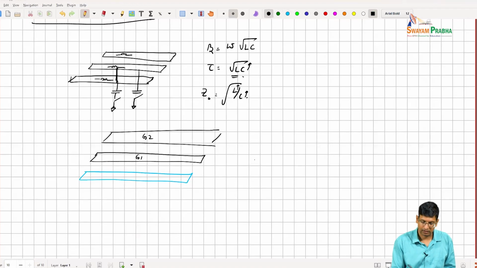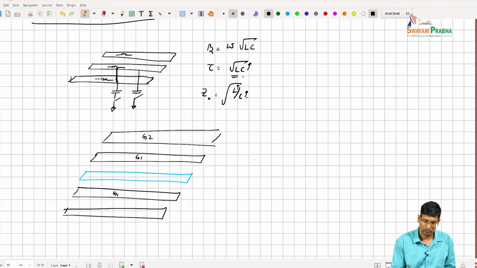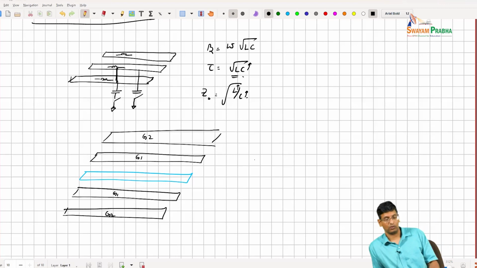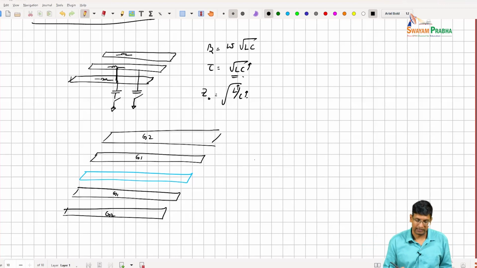And then I have G1, and then I have G2, right? So the idea is that I also have switches that short this particular line as well, to the ground underneath.